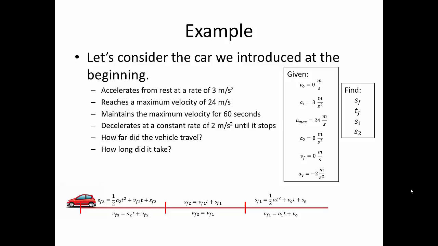We are not accelerating. We keep a constant velocity. And then in the final phase, we end with a velocity of 0 meters per second, and we decelerate during that phase, or have a negative acceleration of minus 2 meters per second squared. We want to find our final position, the time that it takes for the car to travel from one side to the other, and also let's look at what our intermediate positions are as we go through this process.